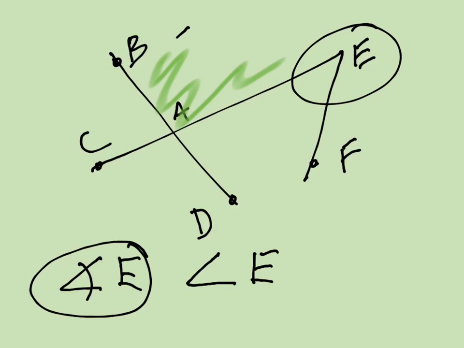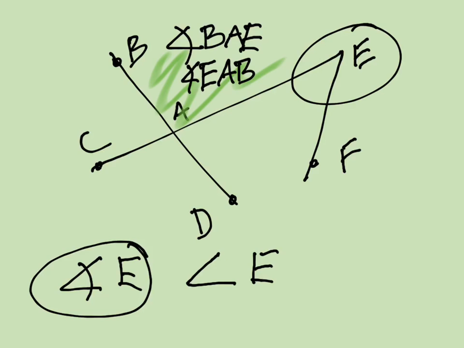I say angle, and then I pick a point on one of the rays, let's say B, and then A is in the middle, and then E. Or I could call it angle E, A, B. Notice, if I trace those out, I get the angle that I want.